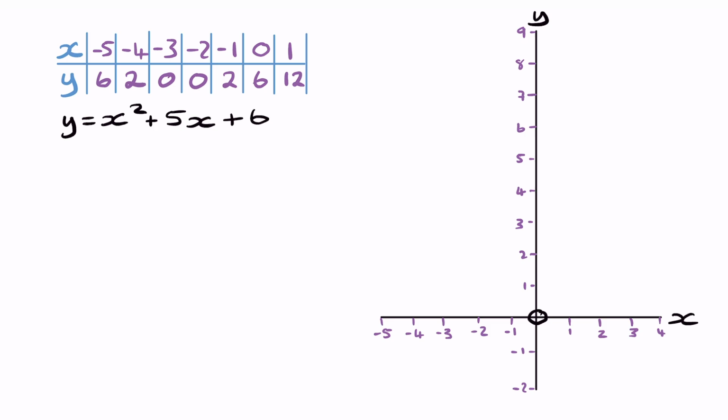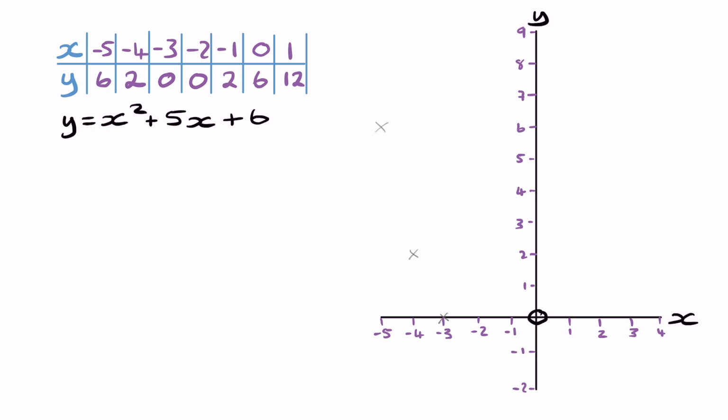Something like this would be fine, or you could be a little bit more detailed and use something like this. So our first coordinate, x is -5 and y is 6. Along to -5 on the x-axis, up to 6 on the y-axis. Our first coordinate is there. Next we have -4 and 2. -4 is here, 2 is here, so we'd be looking just about there. Then our next coordinate is -3 and 0.